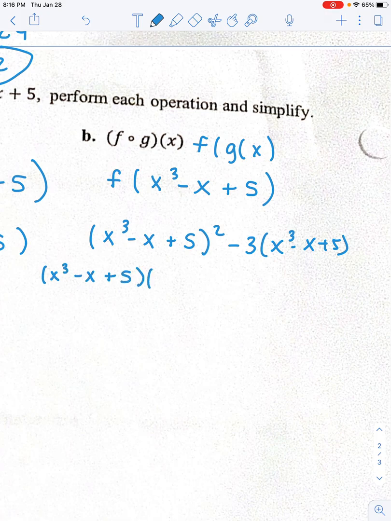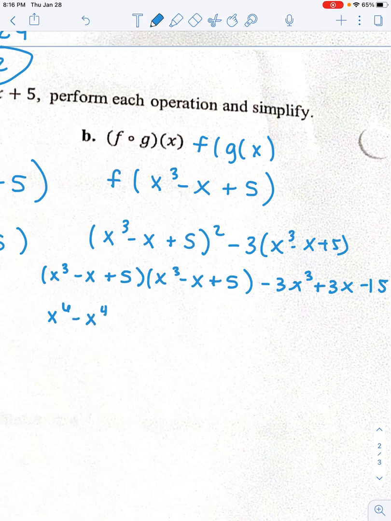So since it's squared, I'm going to write it out twice: x cubed minus x plus 5, x cubed minus x plus 5. And distribute this out real quick. I'm going to FOIL this, so I got x to the 6th minus x to the 4th plus 5x cubed.